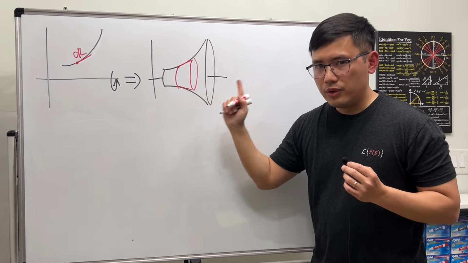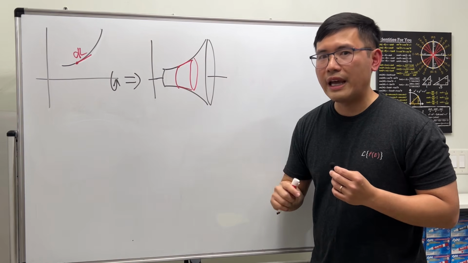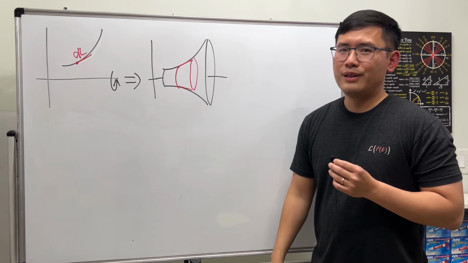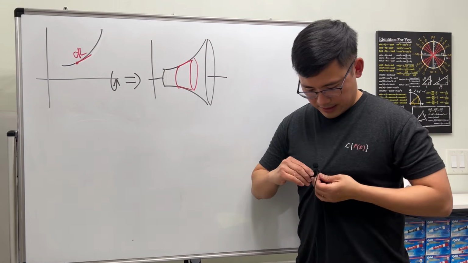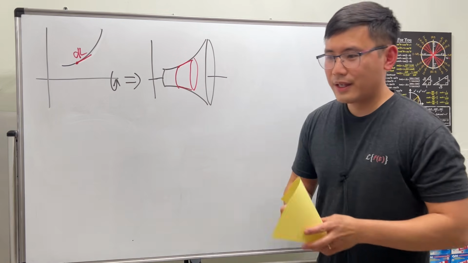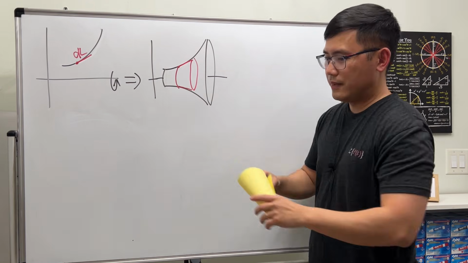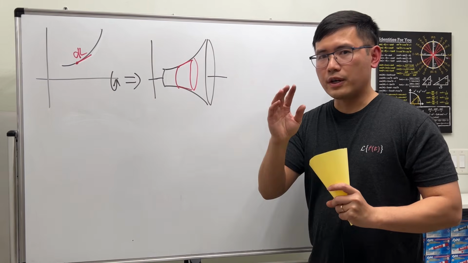This time though, notice because this is slanted, this is no longer a cylinder or disc. So what is this though? Well, I will tell you. This right here looks like a part of a cone, right?